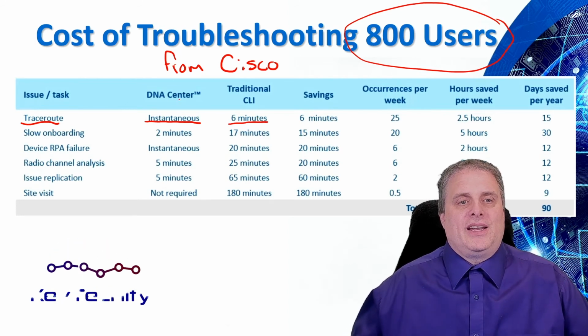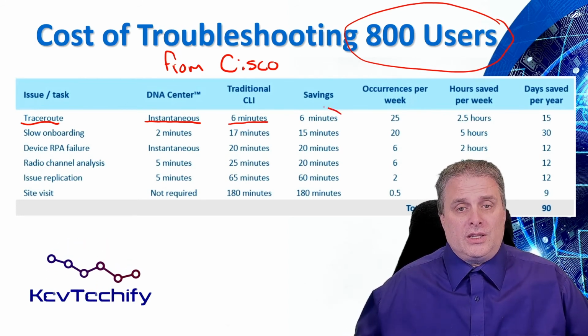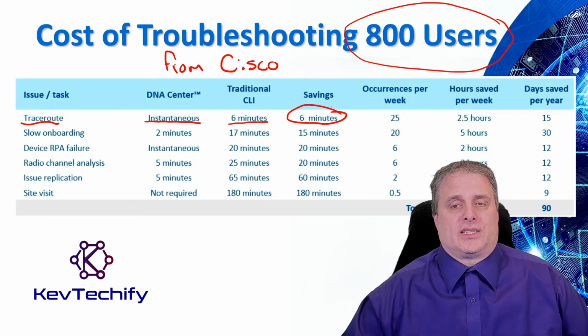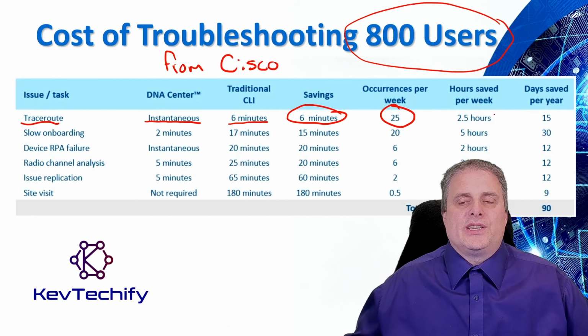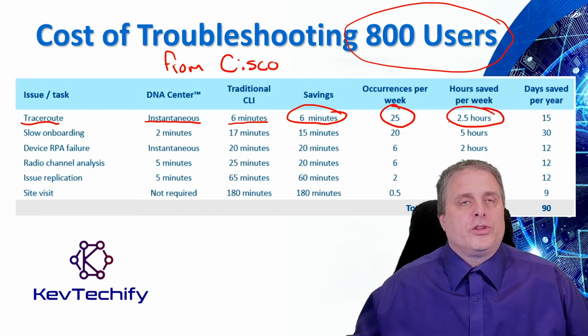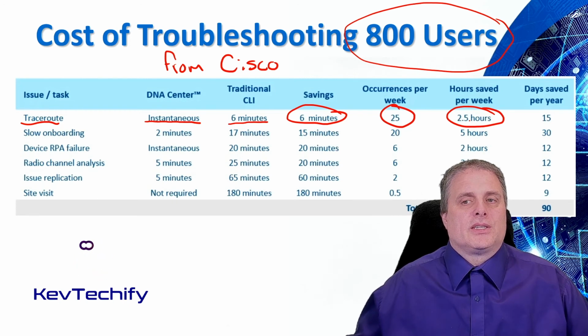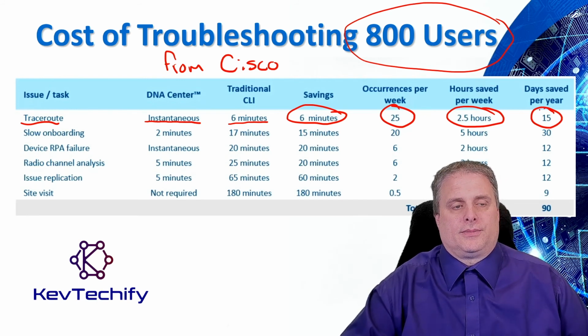So comparing DNA Center to the traditional, it's going to be a saving of 6 minutes. And then doing it 25 times a week, it's going to save you 2.5 hours per week. Multiply that out, 52 weeks in a year, that's going to save you 15 days per year.